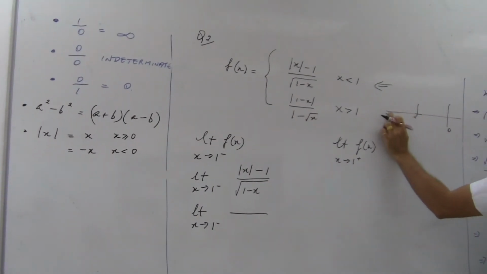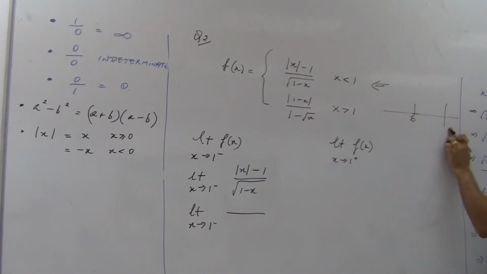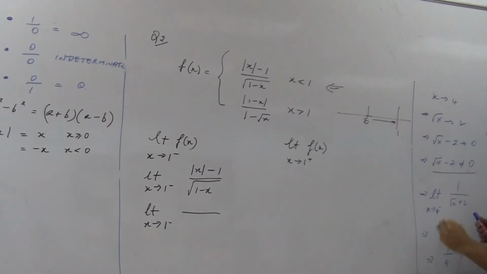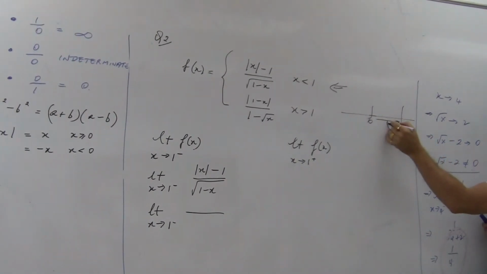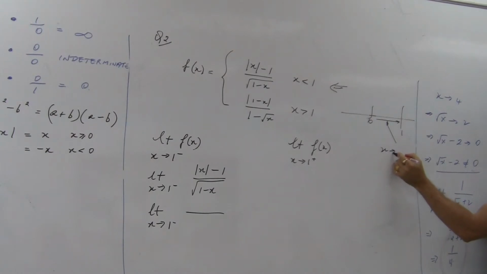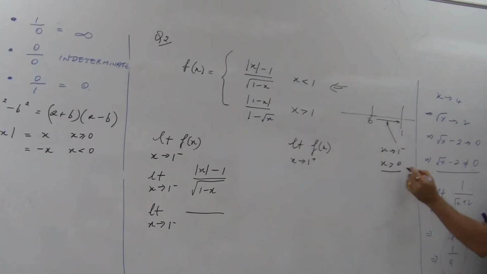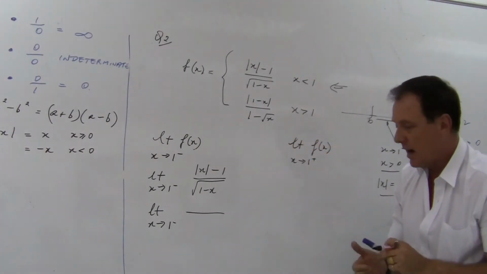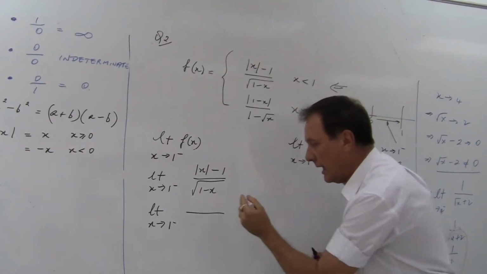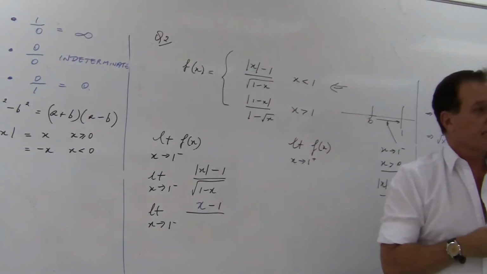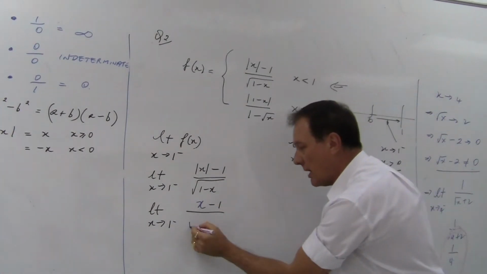I'll put the 0 in there, and 1 here. So we're looking at this one, where x is approaching 1 from below. But you'll see x is still positive, so mod x is just equal to x. So this part here I can replace with just x. And here we've got just root 1 minus x.